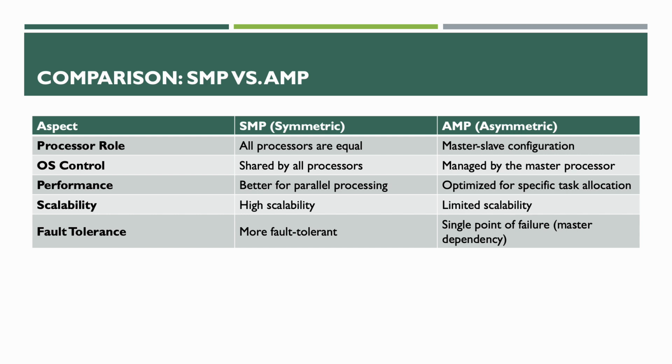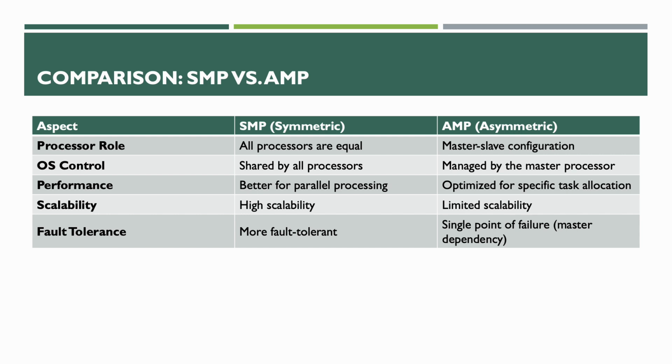Fourth is scalability. SMP is highly scalable, as adding more processors can improve performance without major architectural changes, whereas AMP has limited scalability, as the master processor becomes a bottleneck if too many slave processors are added. Okay, last one is fault tolerance.